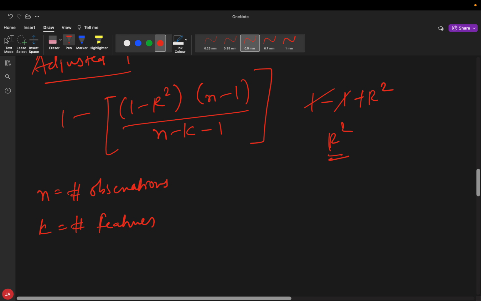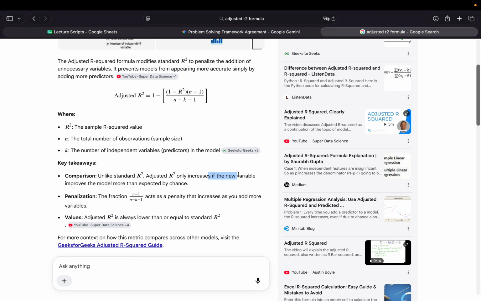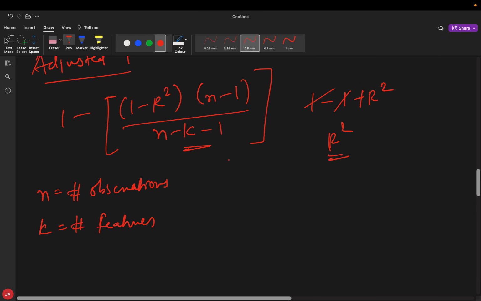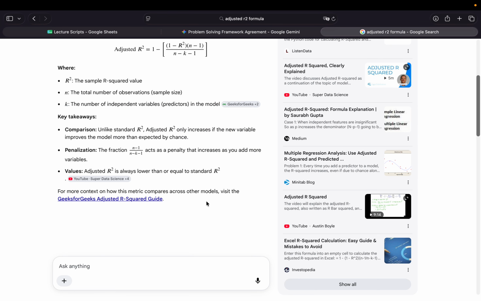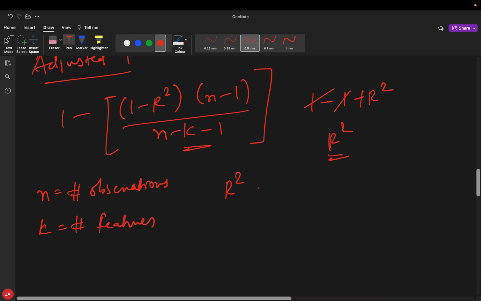But this term, (n minus 1) by (n minus k minus 1), acts as an adjustment. So how do we check? After adding the feature we compute the adjusted r square, and before that we compute the r square, and then we compare the values.